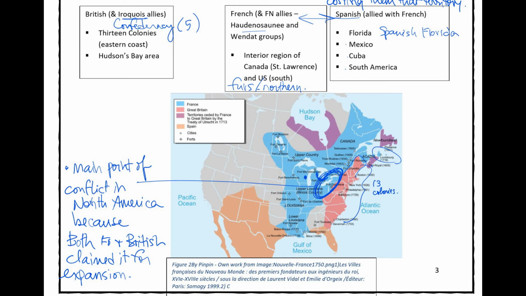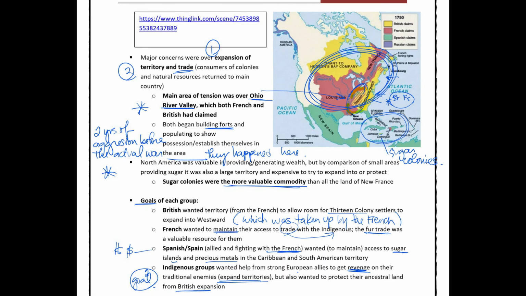Because if you think that it's along that Appalachian mountain range, if that was blocked off and those British colonists on the east coast weren't allowed to move anywhere west, they'd have nowhere really to go. It was a major point of contention for those British colonists.